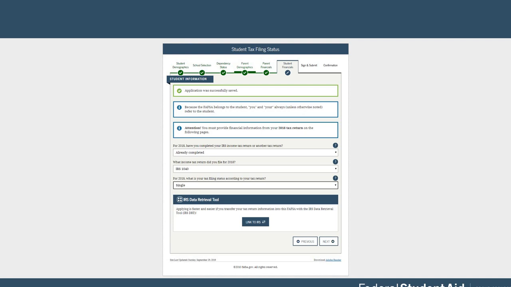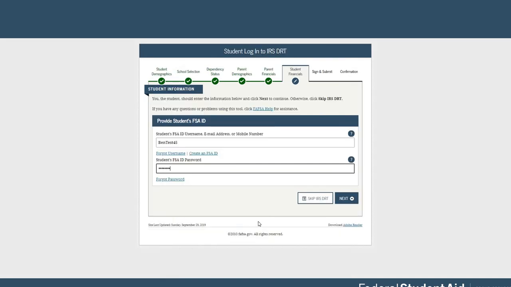So, if we can make that work, that's terrific. If not, we will have to fill in the information by hand from what you know, not necessarily from a tax return if you didn't file. So, moving on to the next screen, we link to the IRS, and let's click on that.